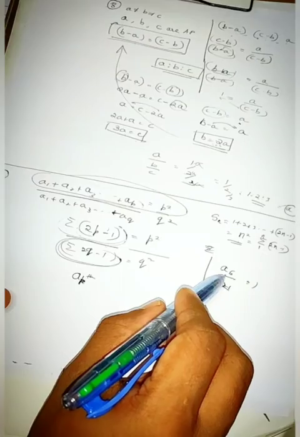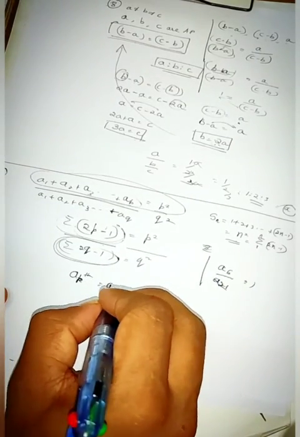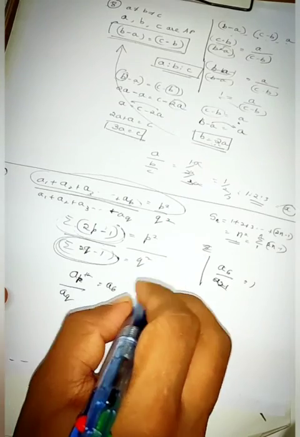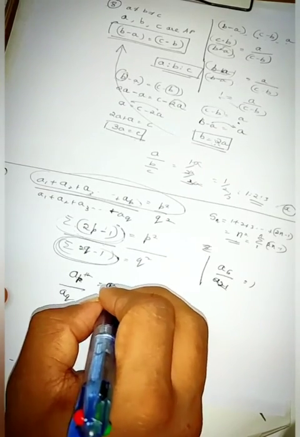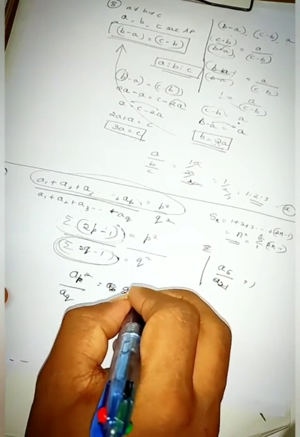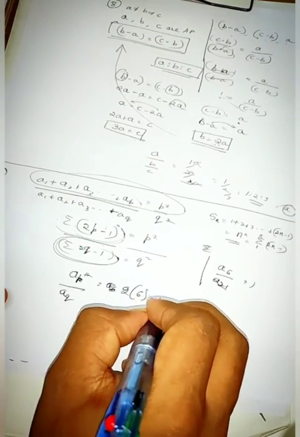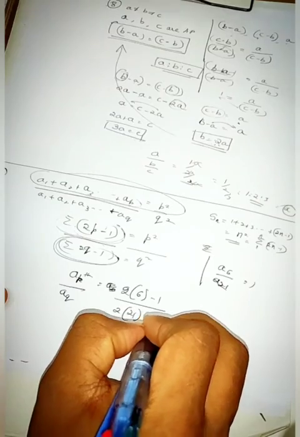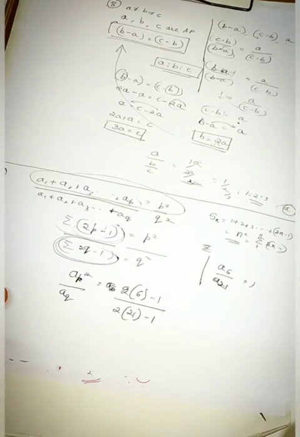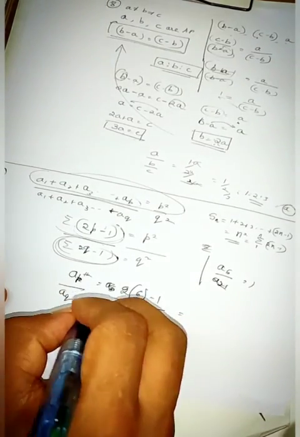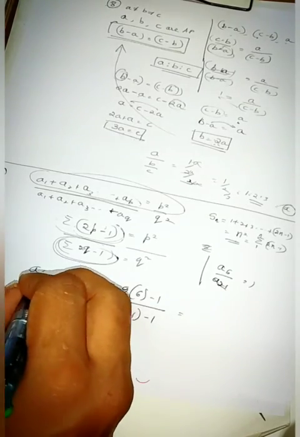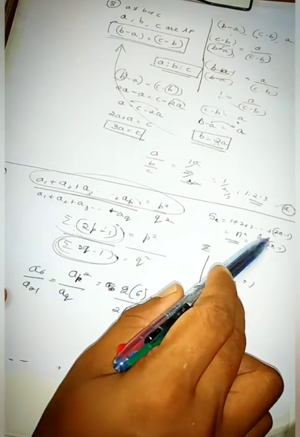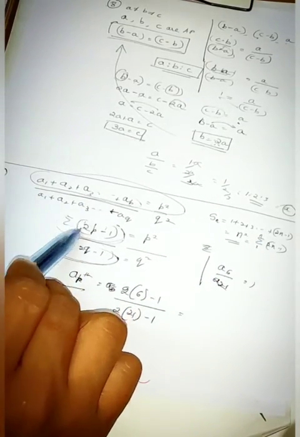To find this, a6 will be the pth term and a21 the qth term. So a6 by a21 will be simply 2 into 6 minus 1 divided by 2 into 21 minus 1. That is nothing but a6 by a21, so I am making use of this formula.